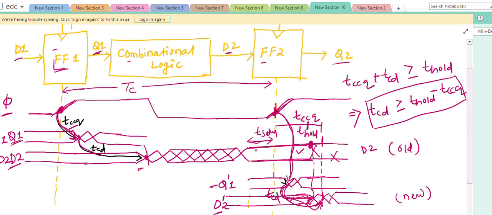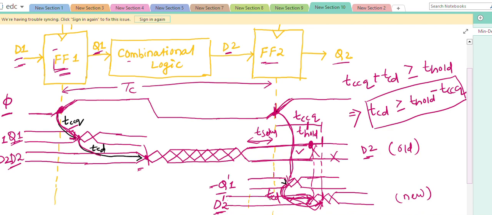Here it is stable. Now when the second positive edge comes, this D2, which is the old D2, behaves like an input to flip-flop 2. At the same rising edge, flip-flop 1 also takes the new D1 and creates a new Q1, indicated as Q1 dash. That Q1 dash passes through the combinational logic and creates a new D2, that is D2 dash.